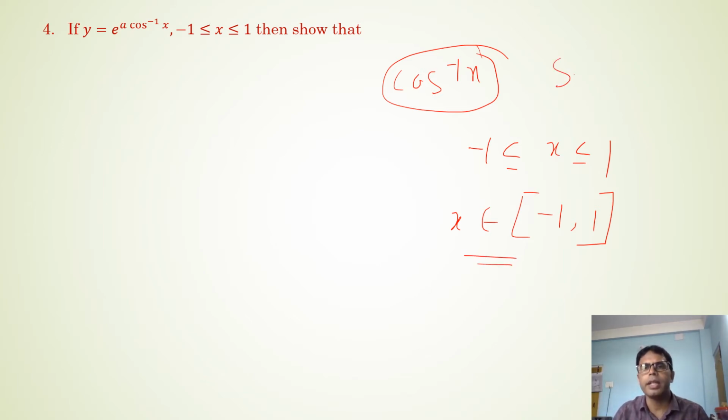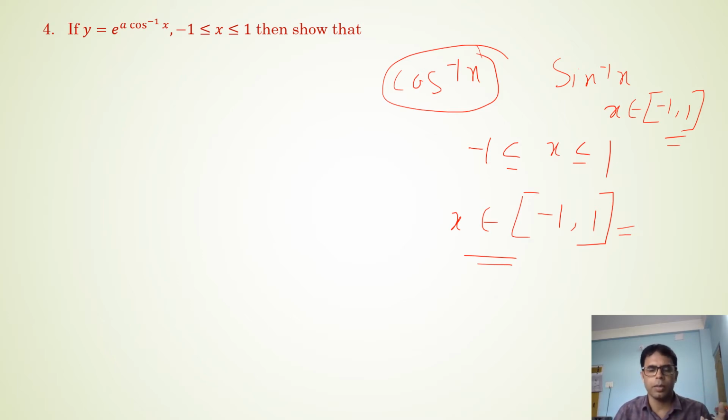Similarly, in case of sin inverse x, this function is also defined if x belongs to minus 1 and 1. These are the domains of the inverse trigonometric sine and inverse trigonometric cos. There are so many functions, inverse trigonometric tan, cot inverse, sec inverse, cosec inverse.